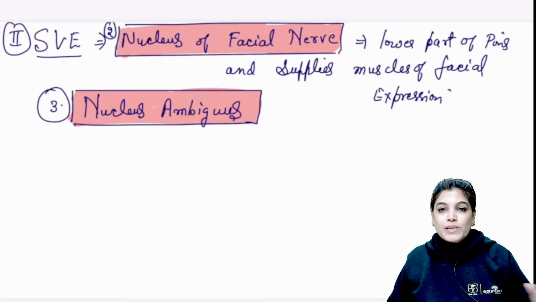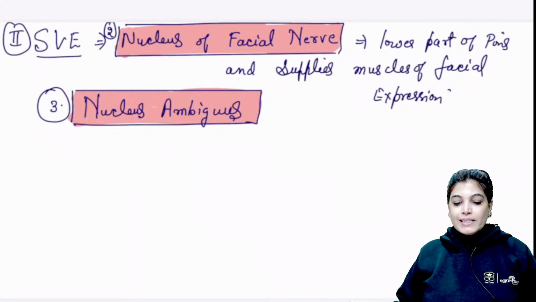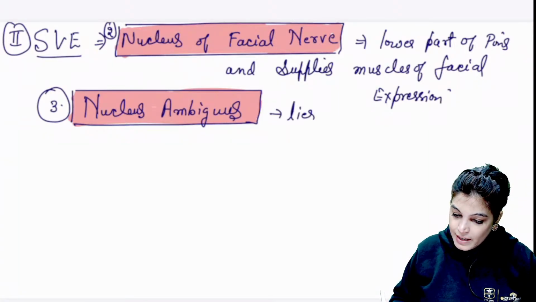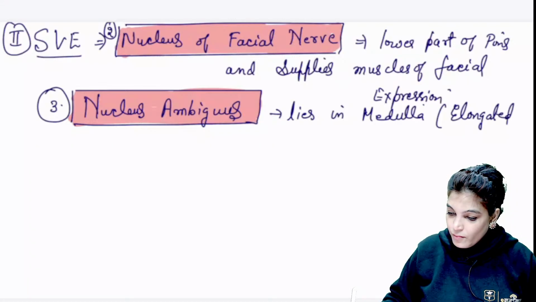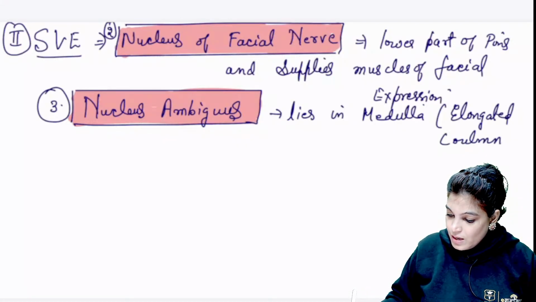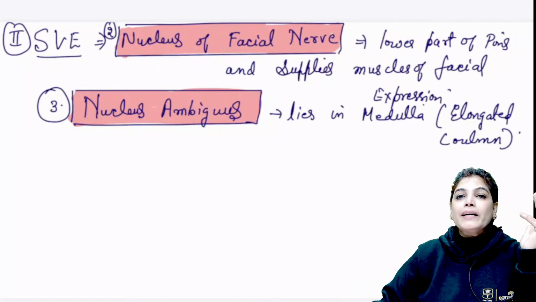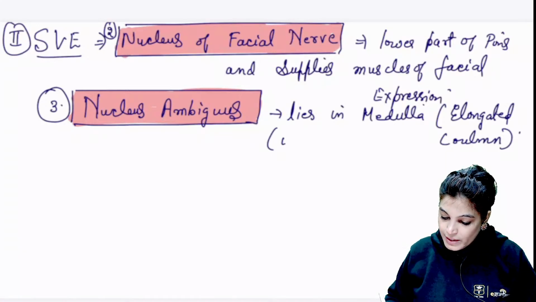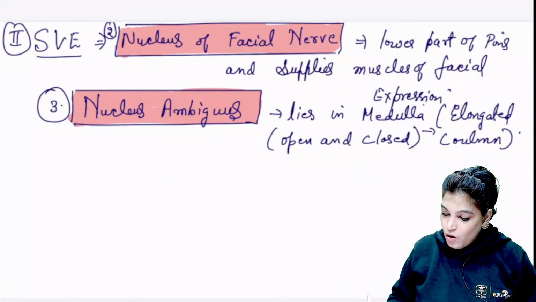Because in a transverse section of the medulla, it is not clearly visible. The nucleus ambiguus lies in the medulla, and it is also an elongated column, located in both the open and closed parts of the medulla oblongata.